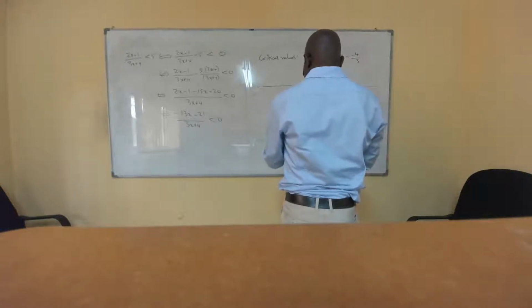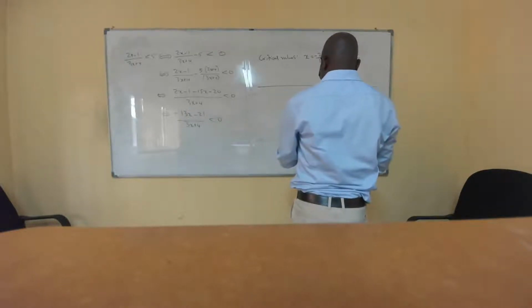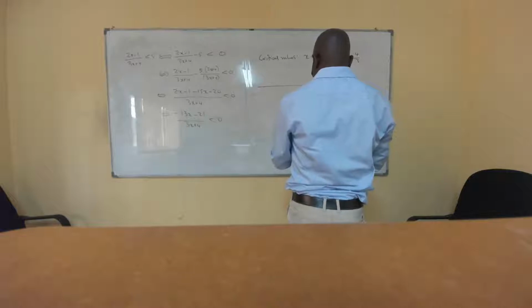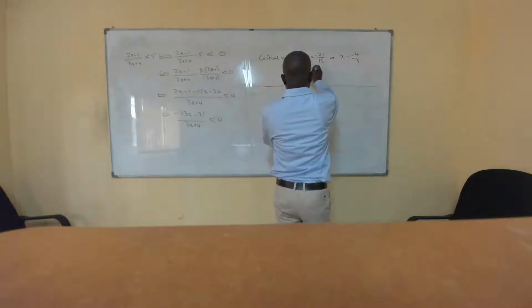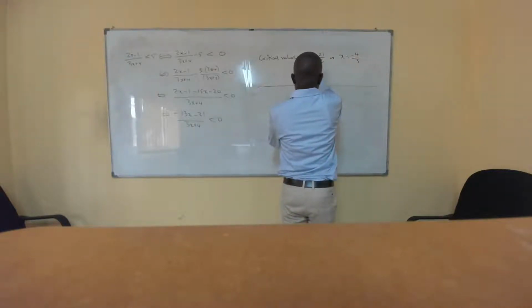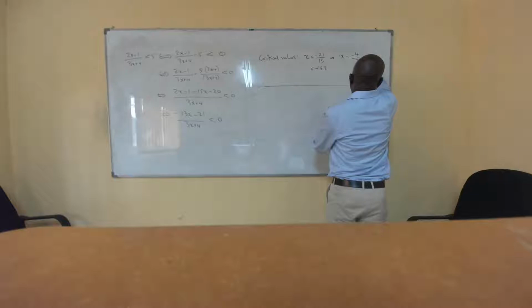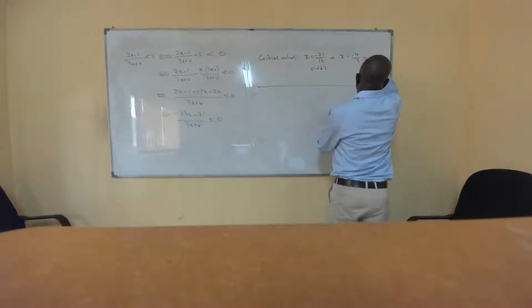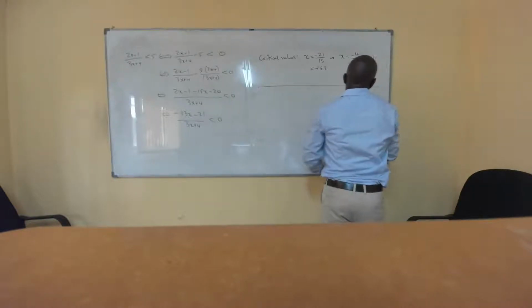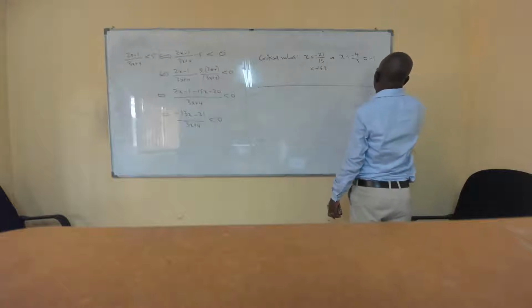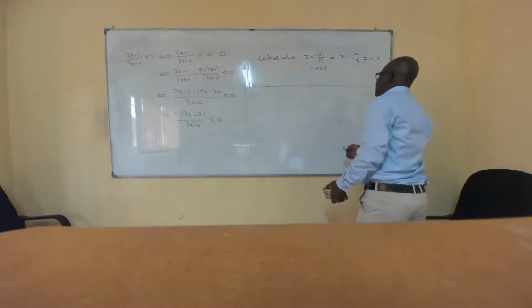So this is roughly approximate 1 minus 1.62, and this is roughly negative 1.3, something like that.